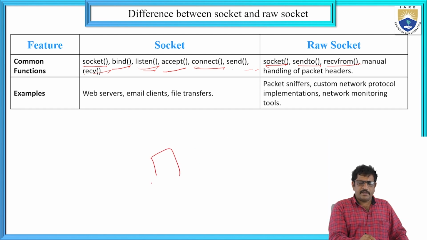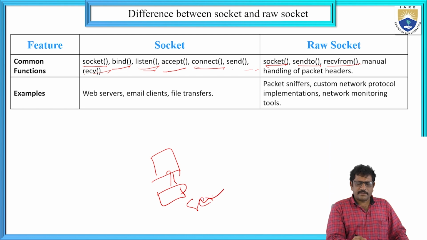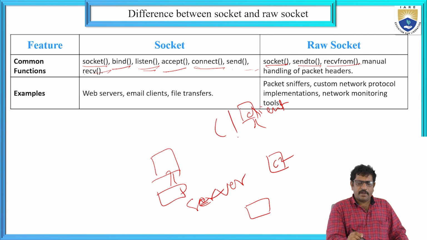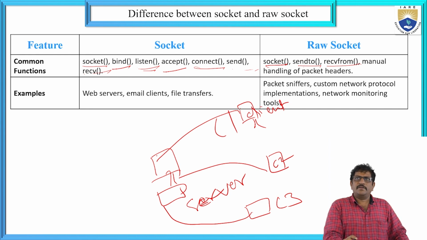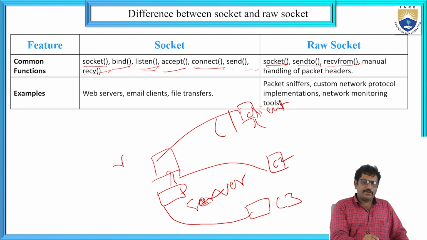Suppose it is a server machine, and from which other client we are going to receive the data, client 1, client 2, client 3. So that means receive from. We can specify the receive from function.